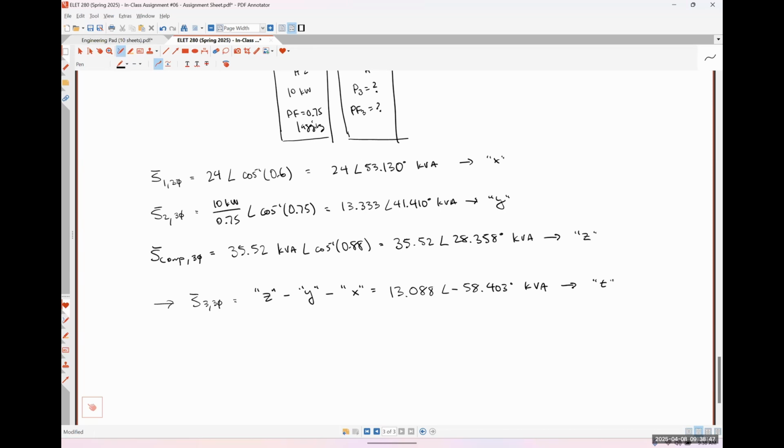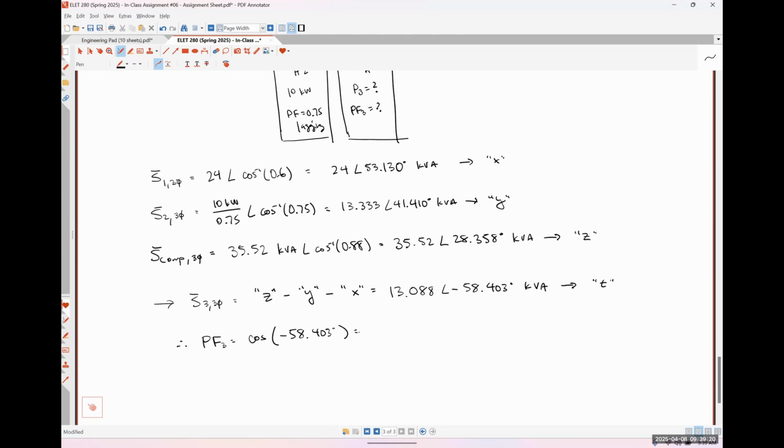So my question to you all is, how do I get either the average power or the power factor at which load 3 is operating from this? So cosine of that angle is going to be our power factor, sure. So PF3 is just going to be the cosine of -58.403 degrees.